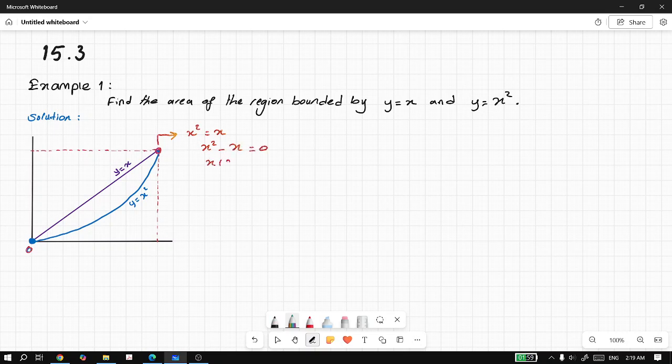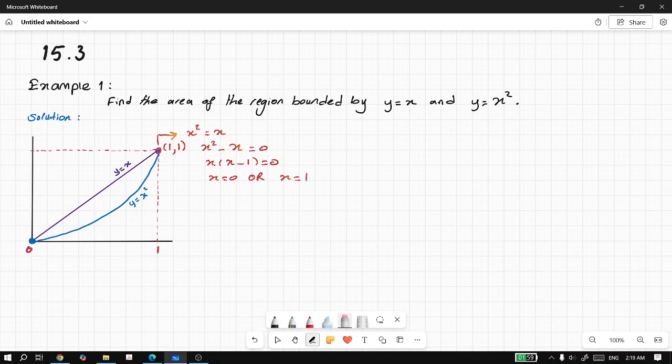Taking a common factor, x is equal to 0 or x is equal to 1. We already know that those two functions intersect at 0, but what we want to find is this point, which is 1. The y coordinate is also 1, because inputting x into this one gives me y equal to 1.